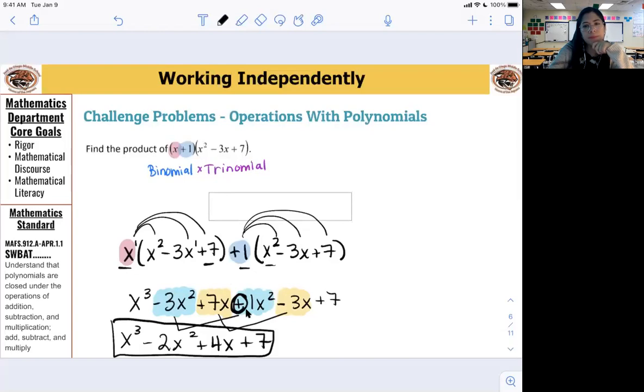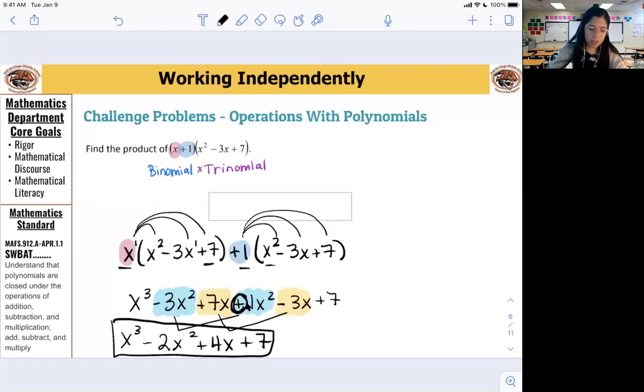Because the 1 was a positive instead of a negative. Yeah, because this was a positive 1. So when I multiplied it, I have to put a plus sign there because I have to show that I'm adding, right? You have to show that from the 7x, now I'm adding 1x.